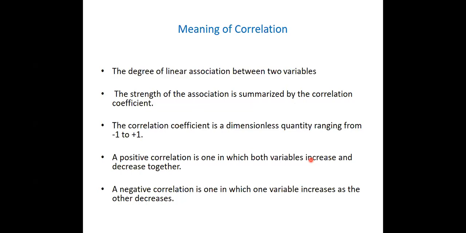It's the same thing here. In positive correlation, both of them increase together. In negative correlation, as one increases, the other one decreases. So I would rather say that, because if you say it ranges from 0, the possible value is from -1 to +1.